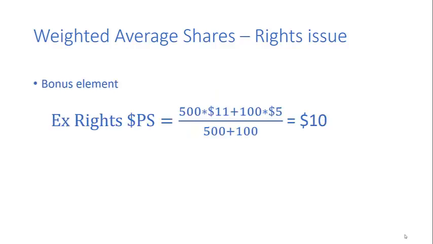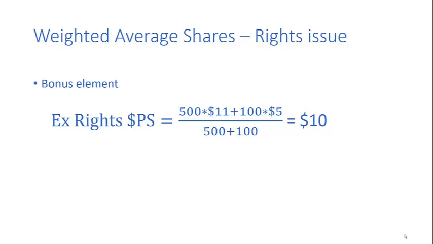Let's focus first on the bonus element. First of all, we need to work out what the ex-rights issue price per share is. So before the rights issue, the shares were trading at $11, 500 times $11, plus the value of the company is going to go up by $500, which is $5 times the new shares of 100, so that gets added to the initial value.